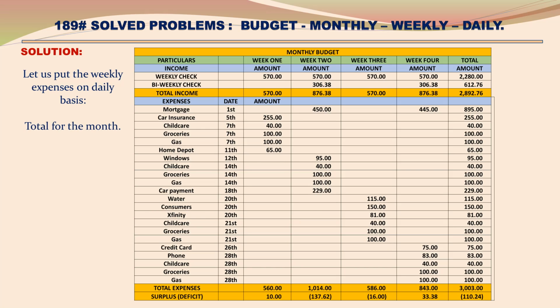Let us put the total weekly expenses for the month. Total income: weekly checks 2280, bi-weekly checks 612.76. Total income 2892.76.